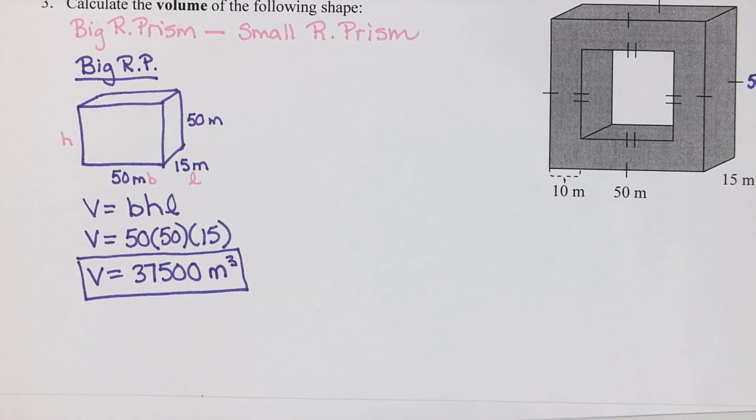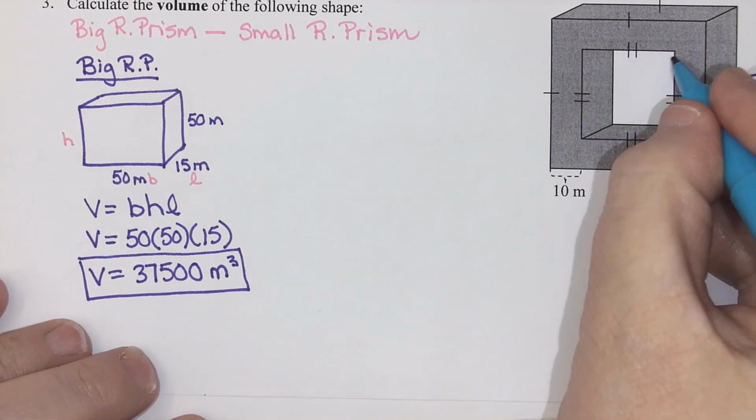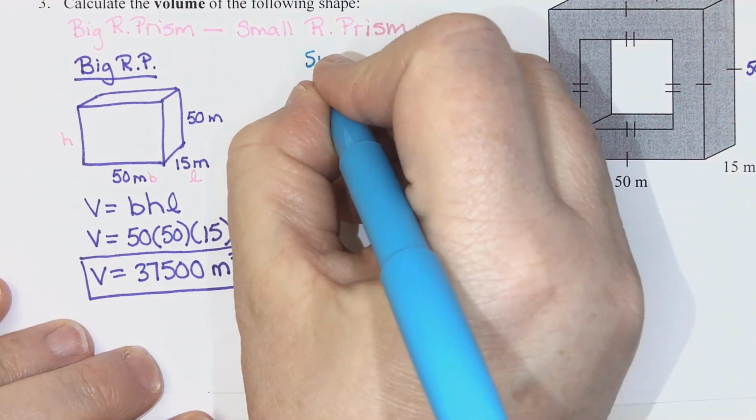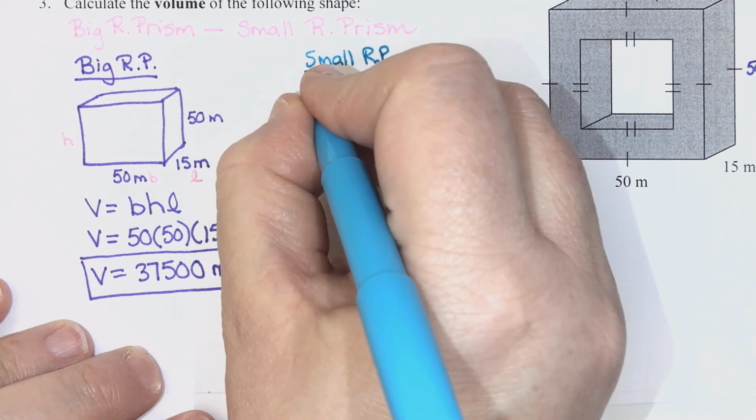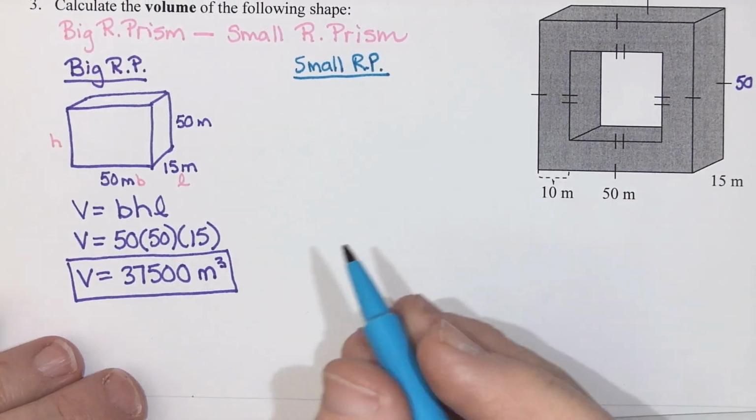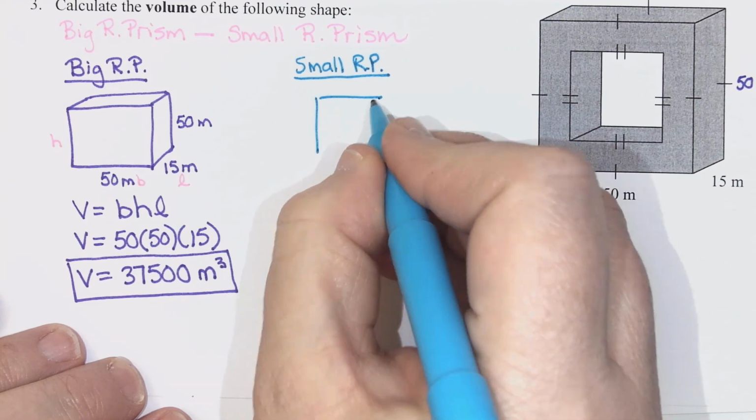Then what we want to do is try to see if we can find the volume of the hole in the middle. So that is the small rectangular prism. So I'm going to draw a picture of that just so it'll help me label.